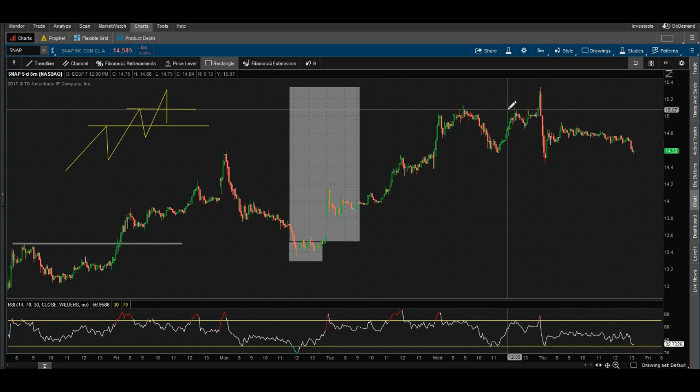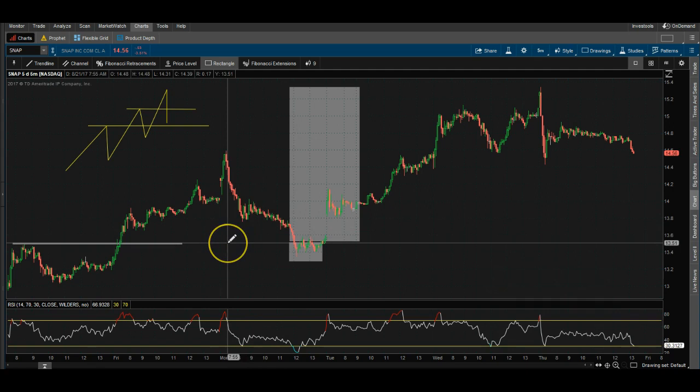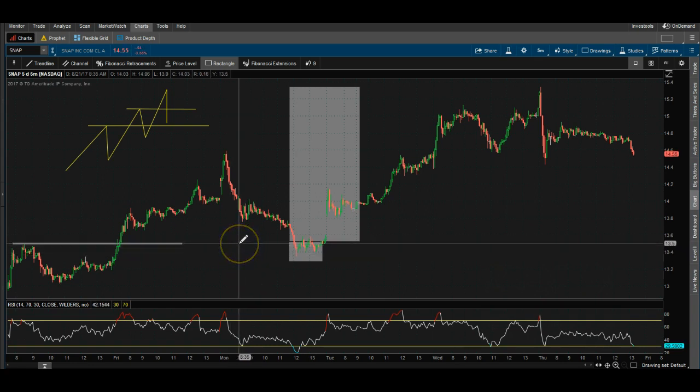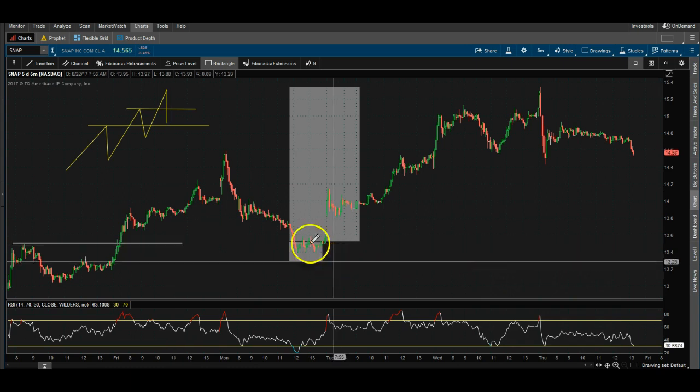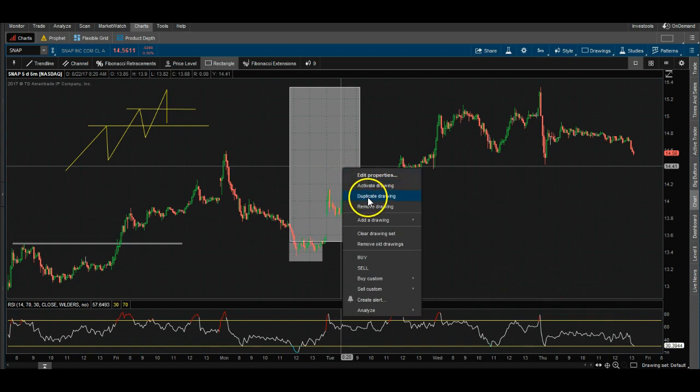I hate people that show you after the fact, but at least I tell you it's after the fact. But again, that's what I'm saying. Don't put your entry at 13.50 and your exit at 13.49. Maybe give it 15 or 20 cents, because you're getting such a great entry. Let price move around, shake and bake a little bit. And then look at that. If you're patient, you got paid very well on that.